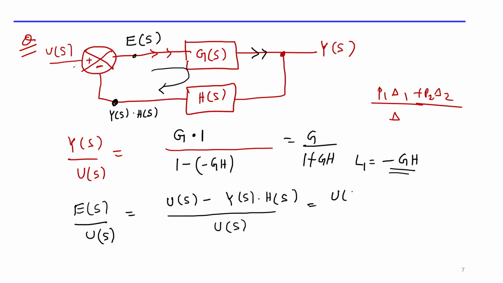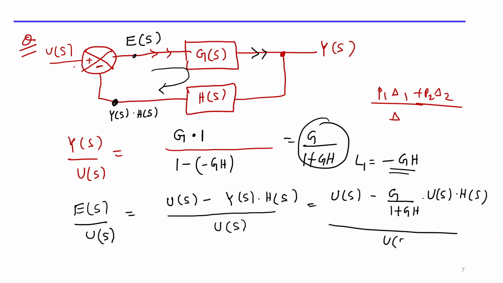Next, u of s minus, y of s in terms of u of s is g divided by 1 plus gh. We already calculated that. So g divided by 1 plus gh into u of s, into h of s, divided by u of s.